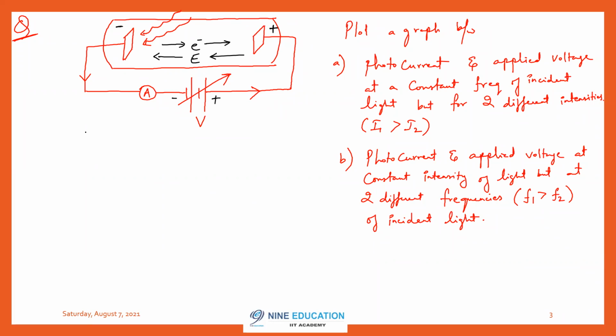So we can plot a graph between photocurrent I and potential V. So tell me how does it look if you increase the potential? If you increase the potential, will the current increase?